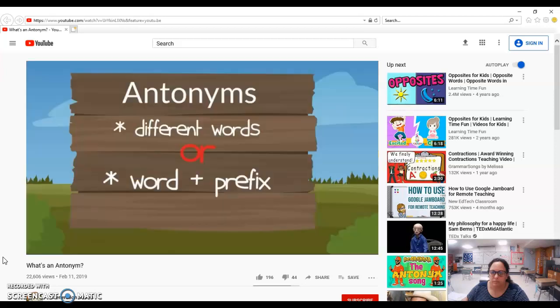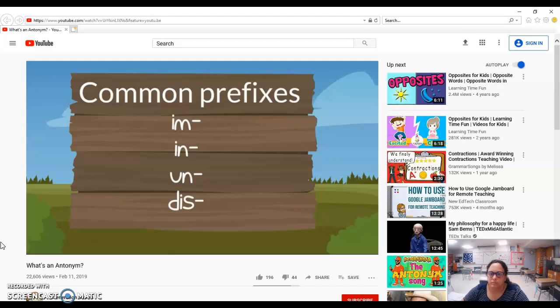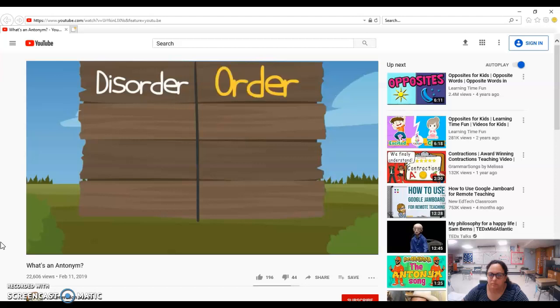You get the idea. Sometimes antonyms are completely different words, but sometimes they're just that word with a prefix, or a little part added on at the beginning. Some common prefixes to change a word to an antonym are im, in, un, and dis. Disorder is the antonym of order.